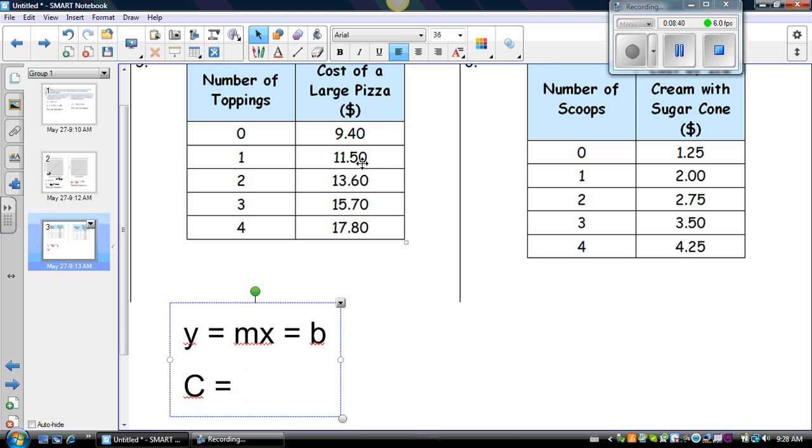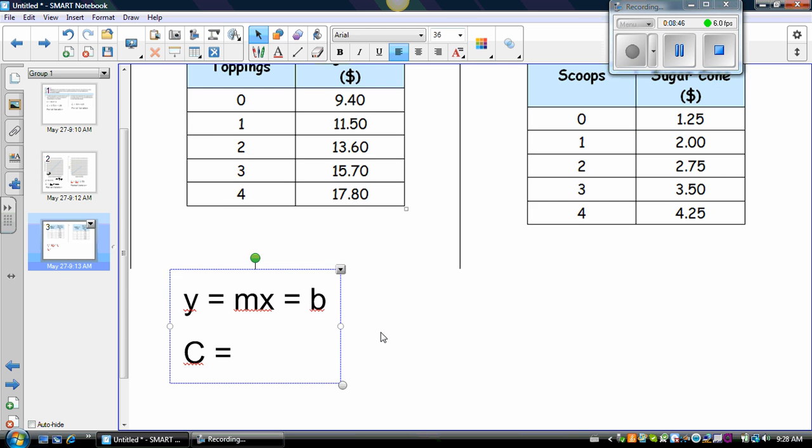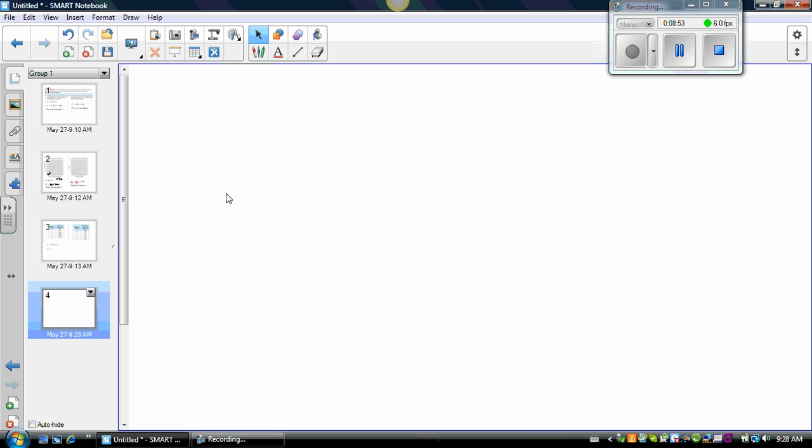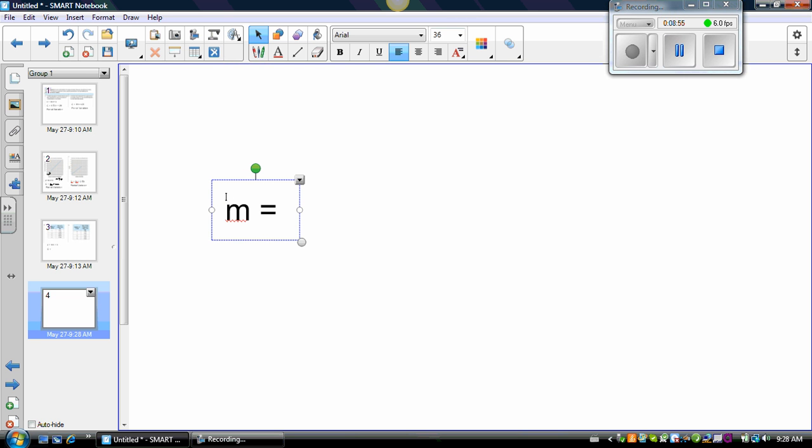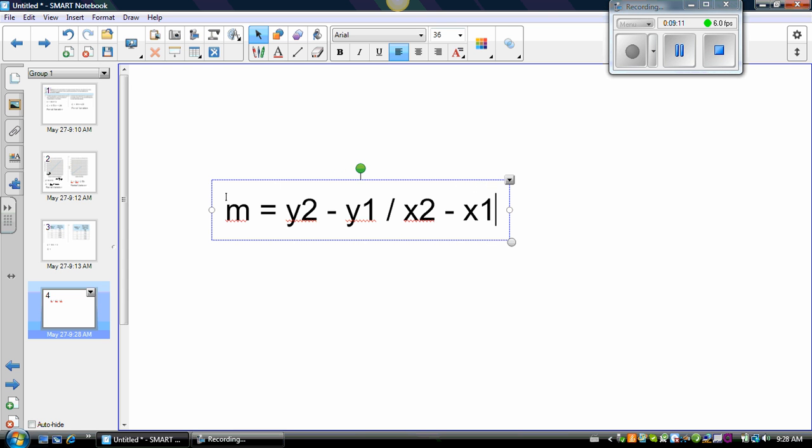I need to calculate using the slope formula, y2 minus y1 over x2 minus x1. So I'm just going to open up a new page here, and here we go. So my slope is equal to y2 minus y1 divided by x2 minus x1.